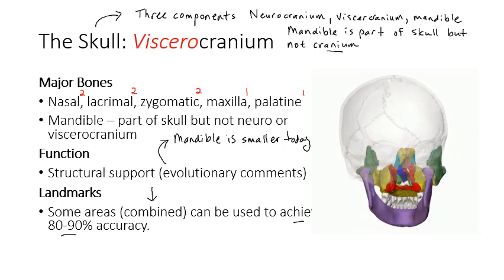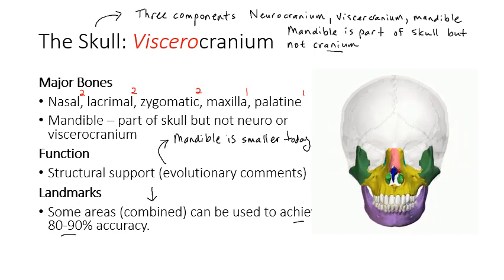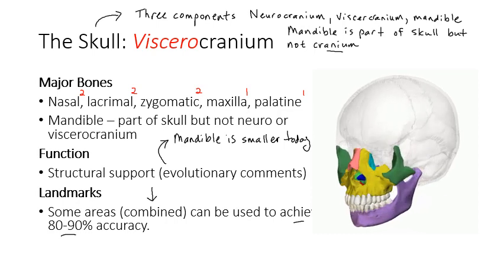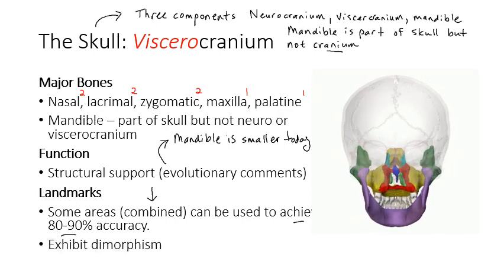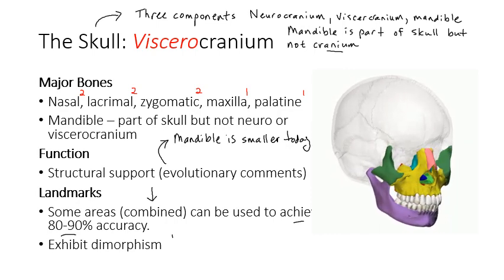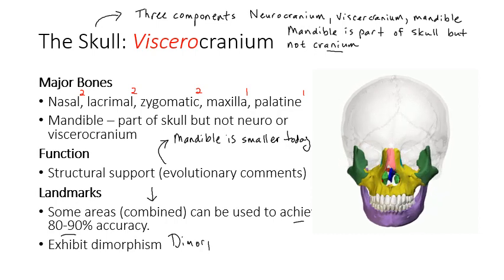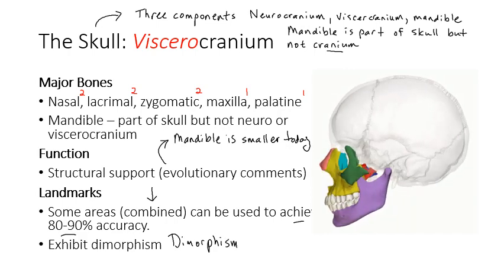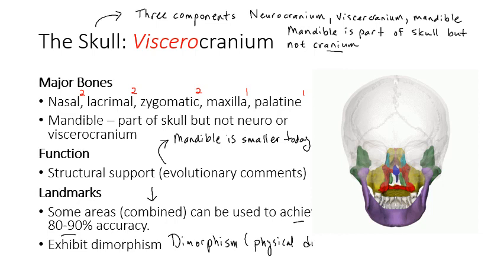And again, keyword here, combined. So if you're putting together your assignment, you don't want to just look at the mastoid process and say this individual has a mastoid process that's representative of what we would see in a male, therefore it's a male with 90 to 80% accuracy. No, that's only one single part. We need a number of parts, a number of landmarks that we want to assess, and we're looking for dimorphism, or physical differences.